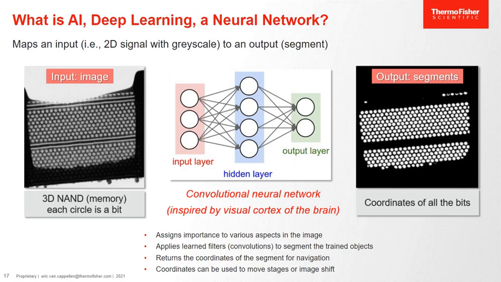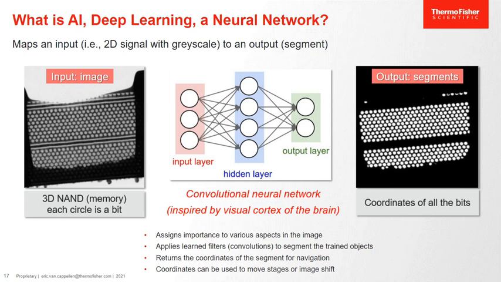That's the input. The output is a bunch of coordinates because you want to know where those bits are. So the output is a segmented map. And how do you get from left to right? That's where we use the neural networks.